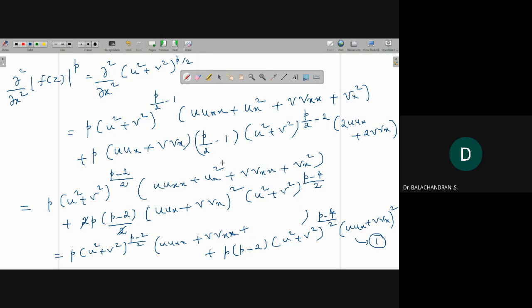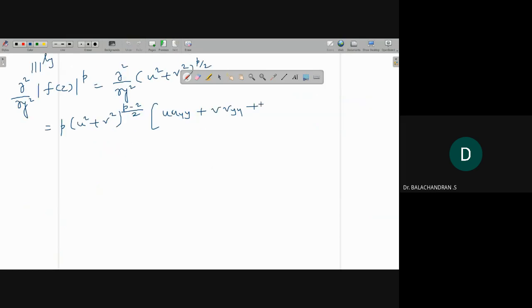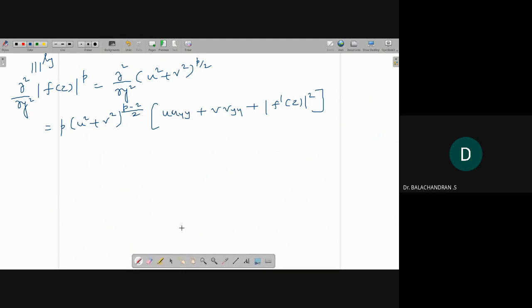So ux square plus vx square is modulus of f dash of z whole square, okay, into, I'll put bracket here, yes. So then you get here also what? Modulus of f dash of z whole square, close the bracket. So I think I finished the first part.